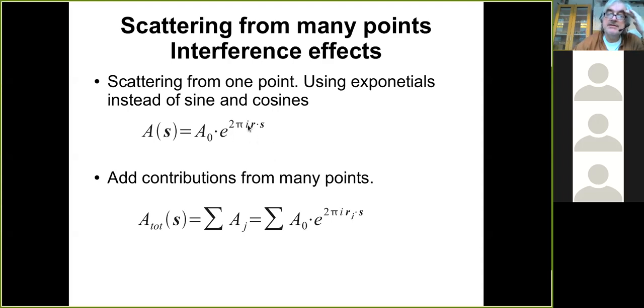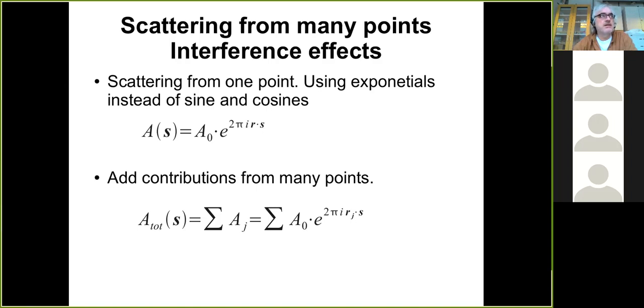Well, this is a scattering from one point. Or if you have many points, then it's just the sum of the individual points. What defines the point in real space is r, the radius vector from the origin, and the direction in reciprocal space is the s here, the scattering vector. The length of s varies between 0 and larger values, but the vector has a direction also.